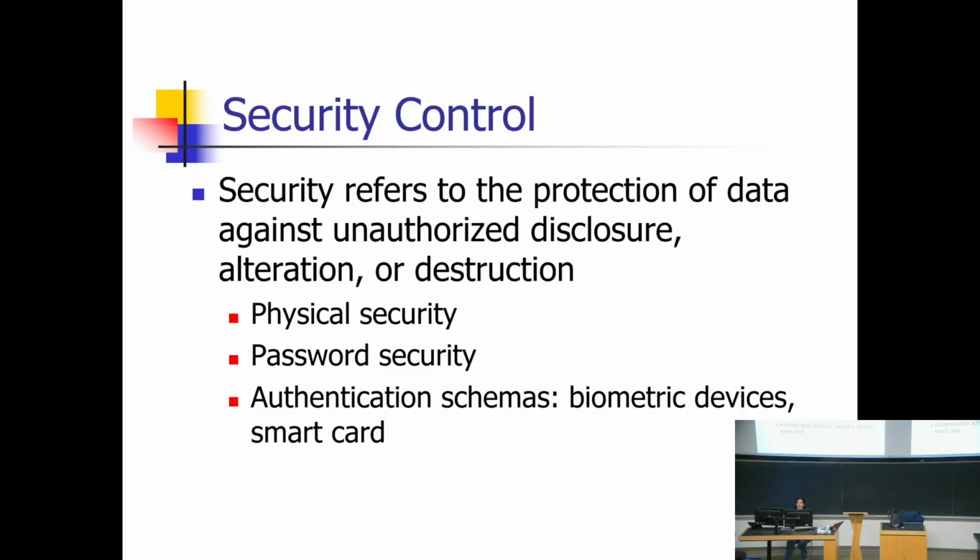Even if you have the most secure password, if you don't have physical security, then you cannot protect your data. So this is the first and an important layer. We also have password security, which is something we all know, but still many people use 1, 2, 3, 4, 5 as a password.